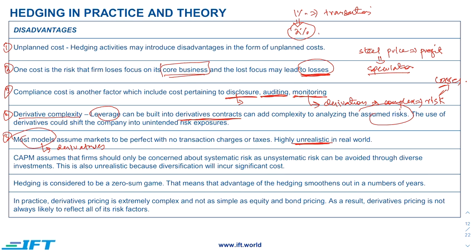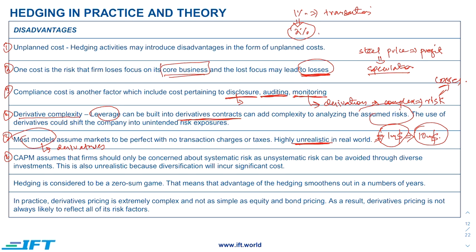And by unrealistic, I mean that you may have calculated that the risk is actually $1 million only, and you did hedging. But it turned out that in the actual world, there were transaction charges, there were taxes involved, and your risk was actually not $1 million, but it was actually $10 million. And hence you end up losing money on the unhedged position that you have had.